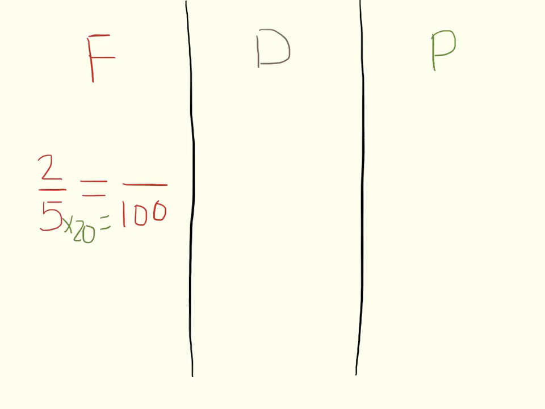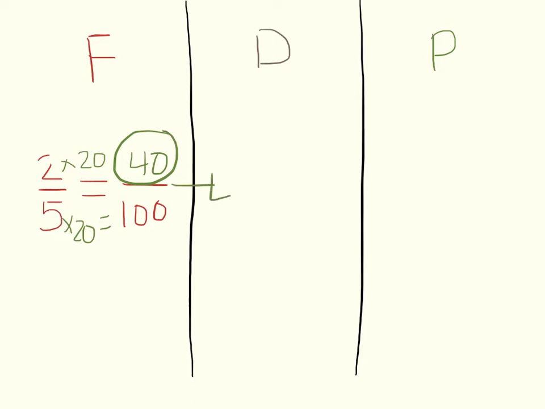If I multiply my denominator, I also have to multiply my numerator. 2 times 20 is 40. So I can read this as 40 hundredths.